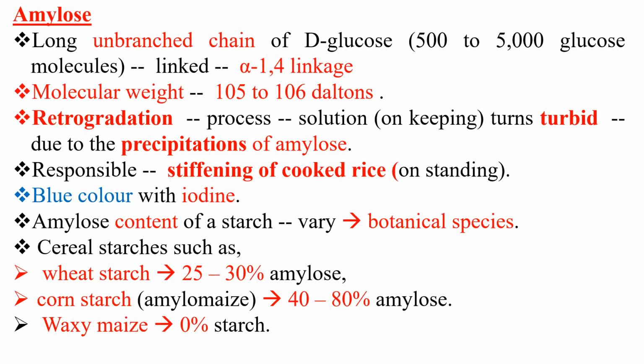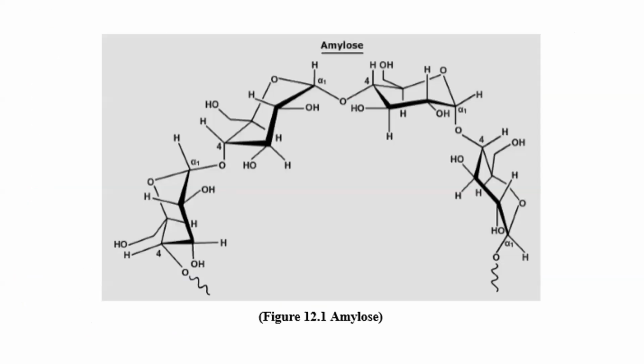But waxy maize doesn't contain even a fraction of amylose. Here you can see the structure of amylose, where glucose units have been linked via alpha-1,4 glycosidic linkage. Each glucose unit is joined through that linkage only, alpha-1,4 linkage.